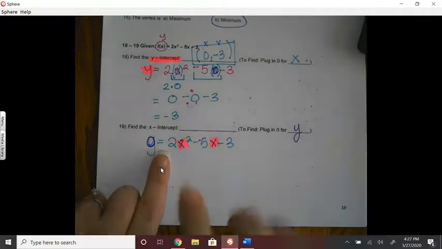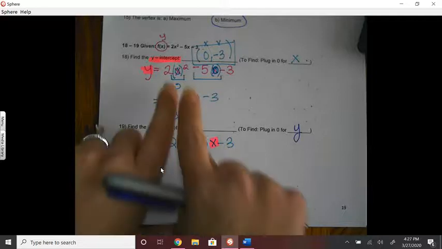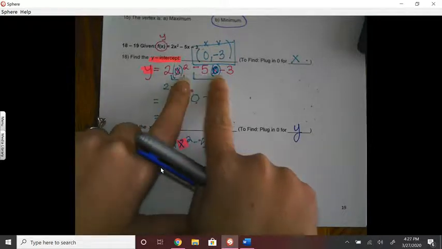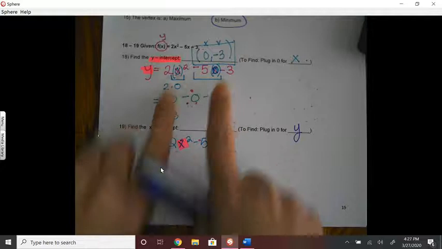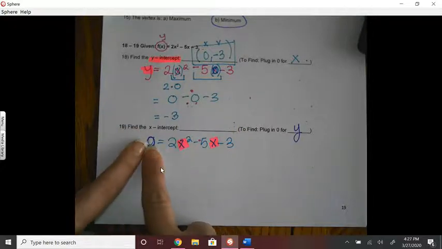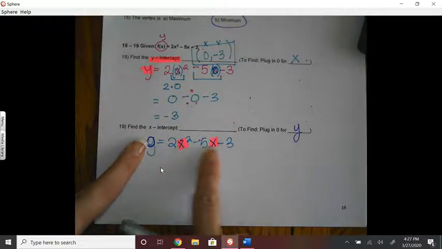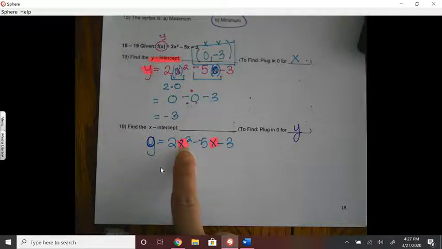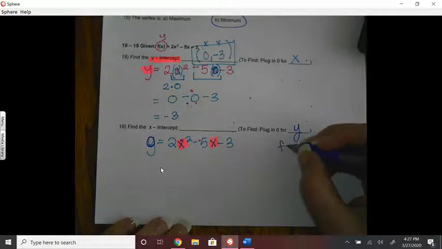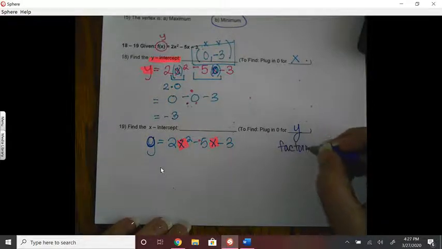Now, to solve this problem, this one's not as easy as the last one. That was just an evaluation. But with this one, when an equation equals 0, to find out what this variable is, we have to solve the equation using the methods that we learned earlier in this chapter. So remember, you can use factoring if it's possible. Remember, not all problems can be factored.